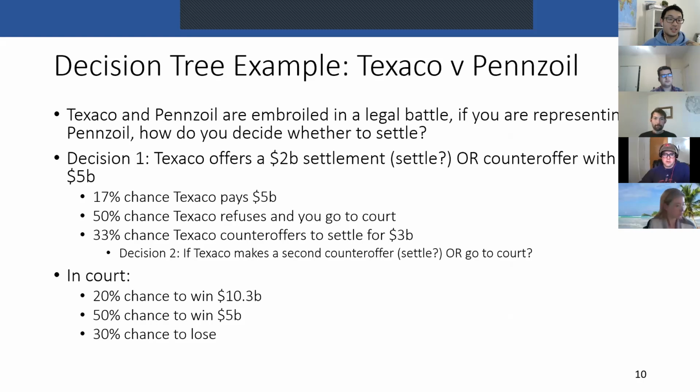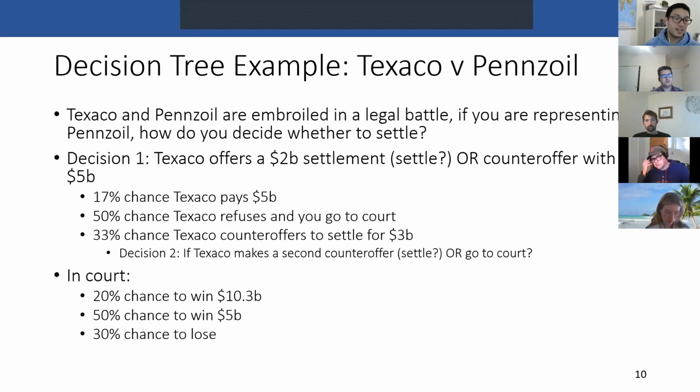In the first decision, you are suing Texaco and they offer a $2 billion settlement. Your choices are basically, should I take that settlement or should I counteroffer? I can counteroffer with a $5 billion settlement.